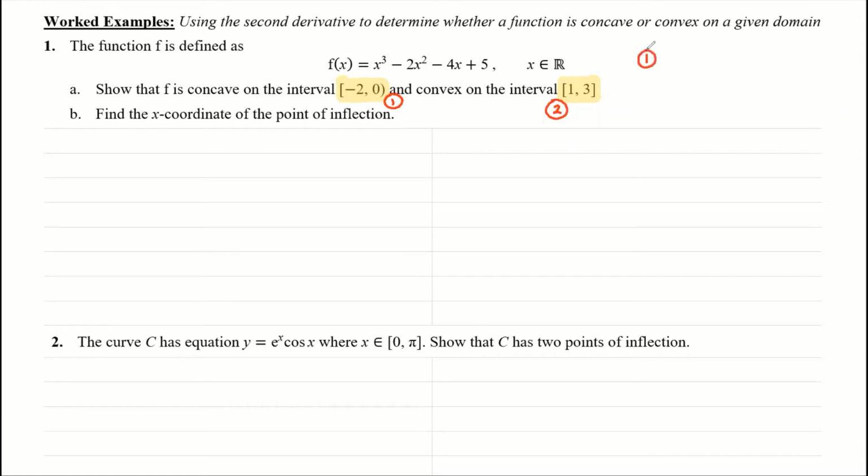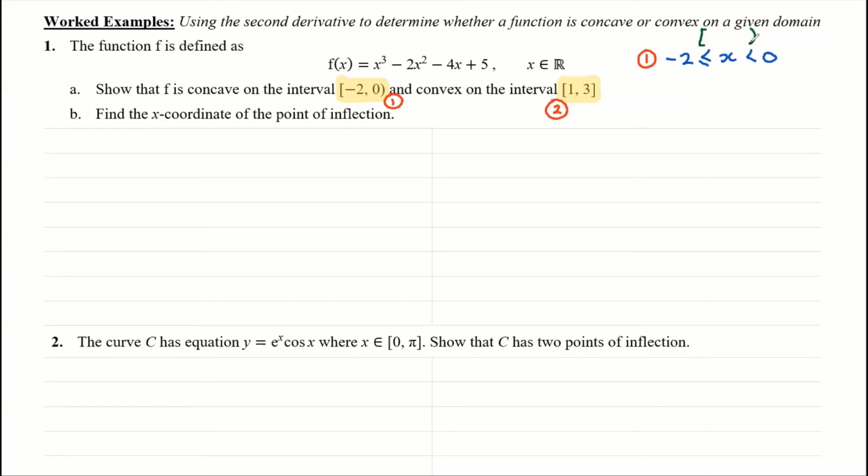So for number 1, when you have a square bracket or a straight bracket, that means that -2 would be included in the interval. So we could write this as -2, included, but up to, but not including 0. And that's represented by the curved bracket. So the straight bracket represents inclusive and curved bracket represents not inclusive.